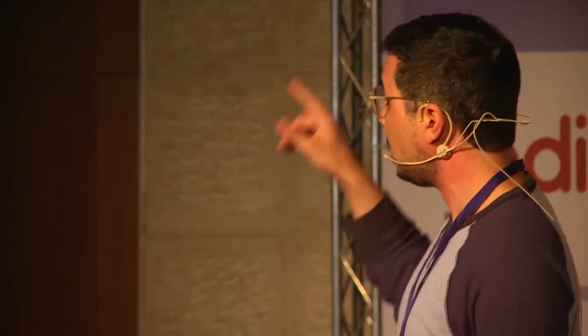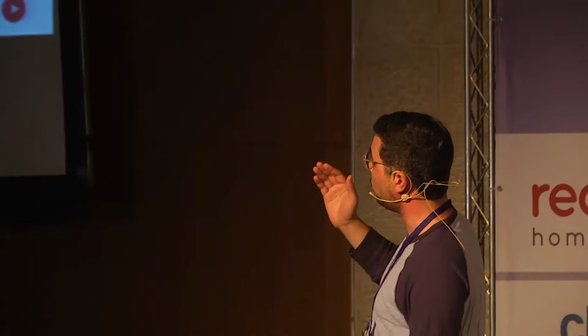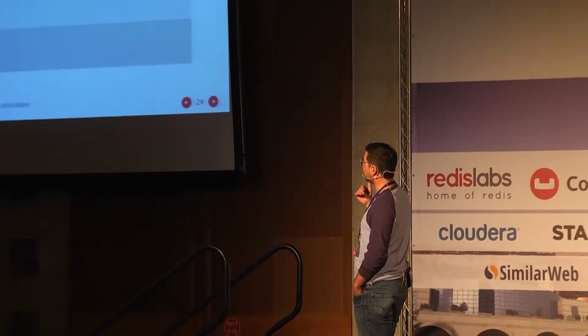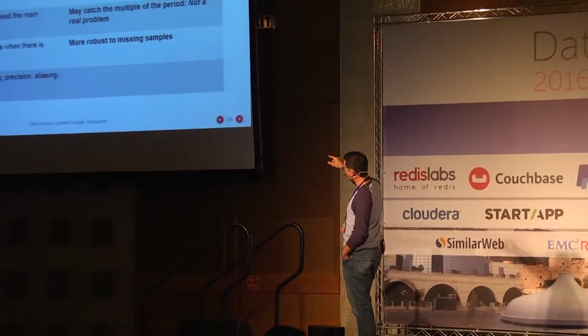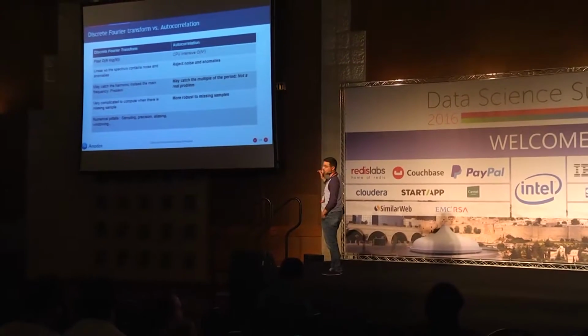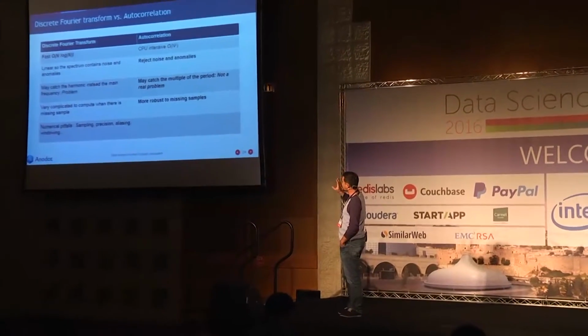This is impossible. But on the other hand, it's clearly possible to model a daily time series with a 2 days period. So this is exactly the purpose of the third line. The error we can make in the Fourier transform is to extract a fraction of the correct period. But in the autocorrelation, the error that we can make is to extract a multiple. So this is good. This is still acceptable. So that's why autocorrelation wins here.